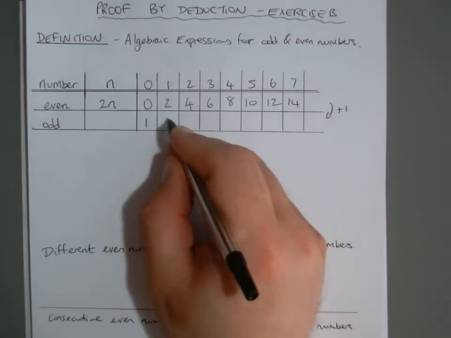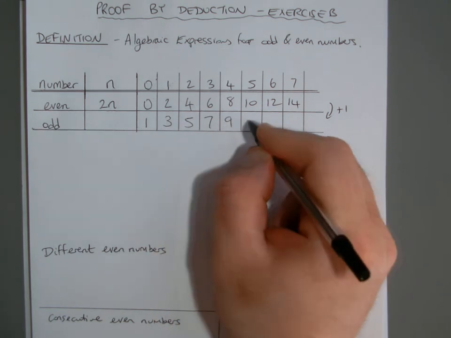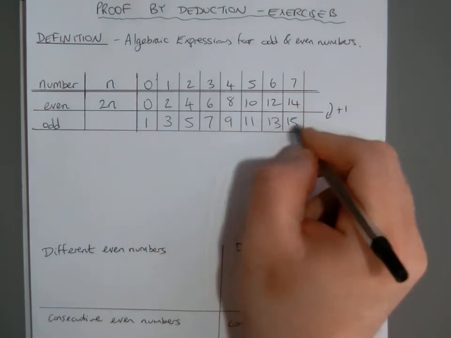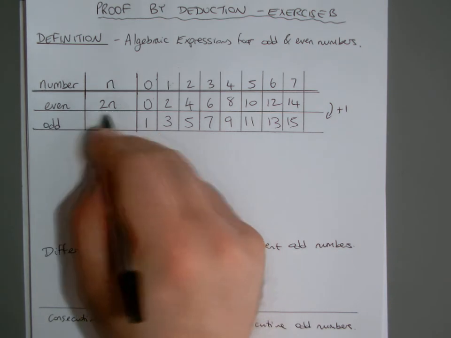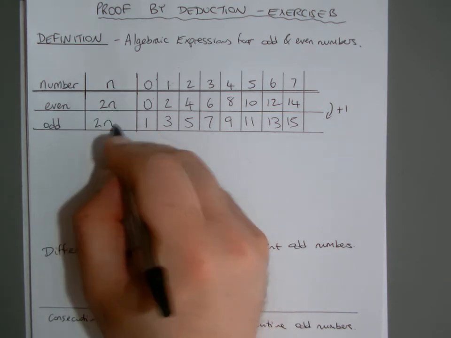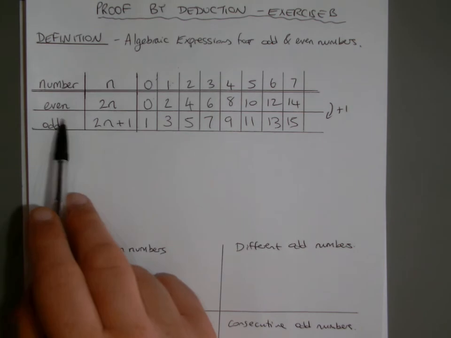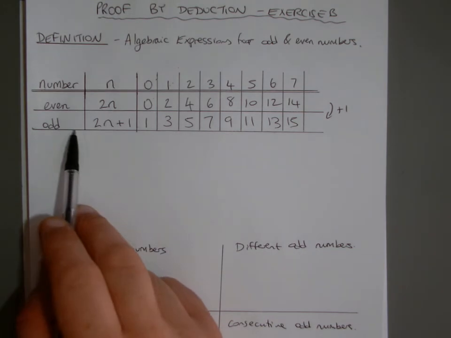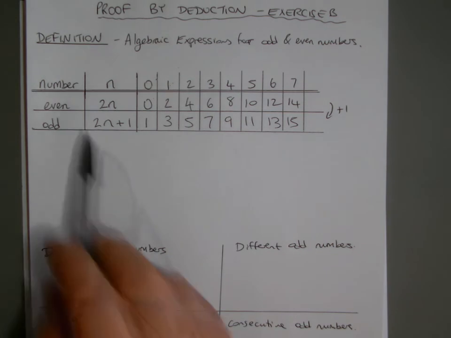So if I add 1 to each of them, it simply becomes the odd numbers. So I'm going to add 1 to that expression. An expression for odd numbers will be 2n plus 1. So we've got an expression for odd numbers and an expression for even numbers. That's a general expression.